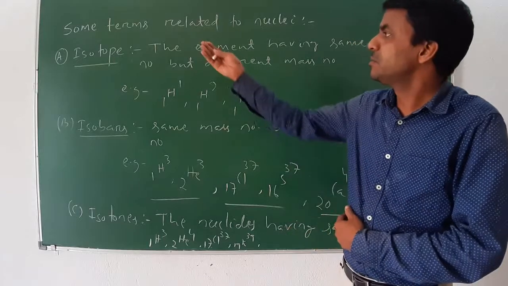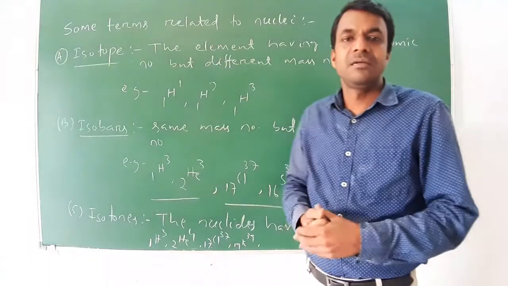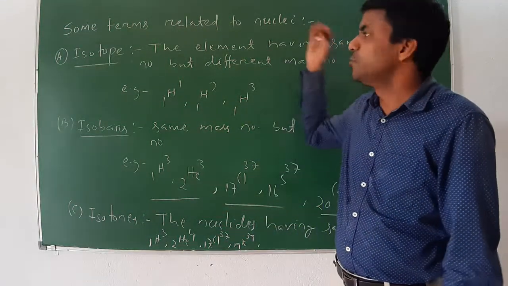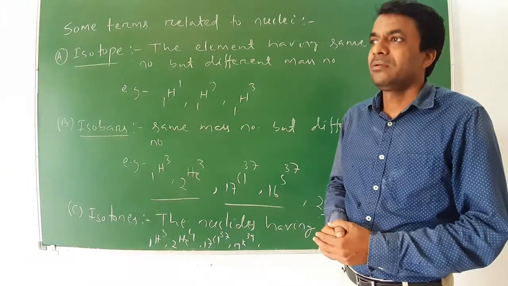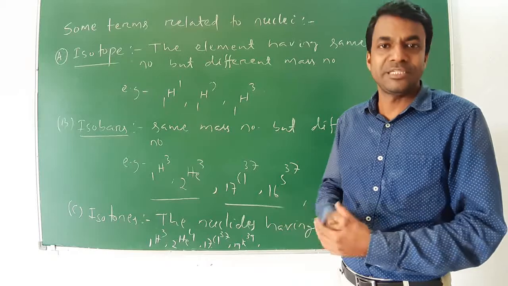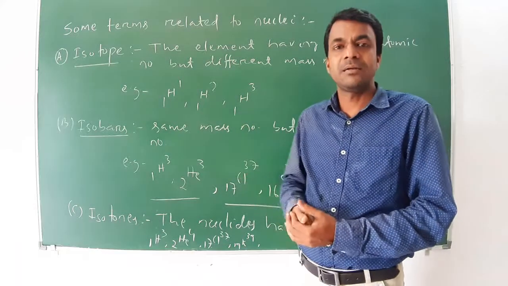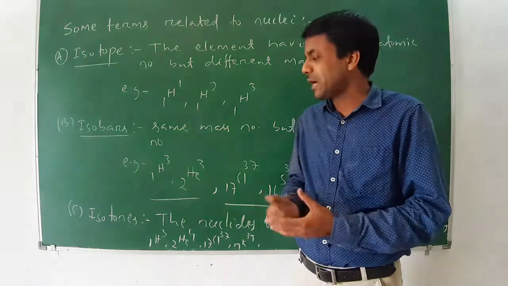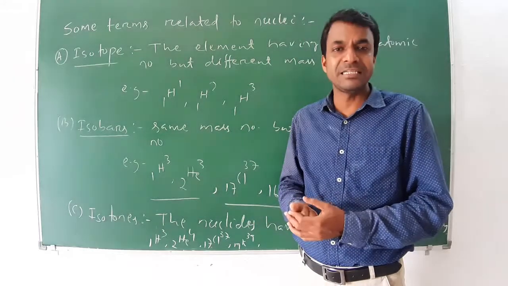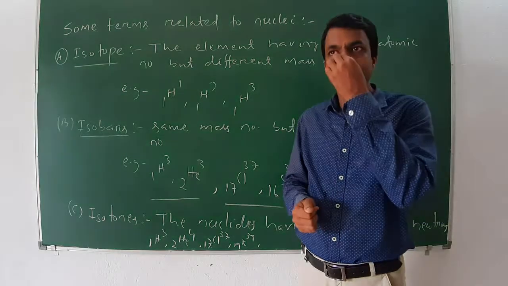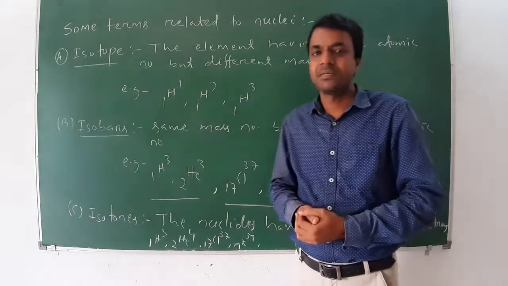Today we will discuss some terms related to nuclei that are also common to chemistry: isotope, isobar, isotone, isomers, nuclides, etc. First, let me explain what is an isotope.